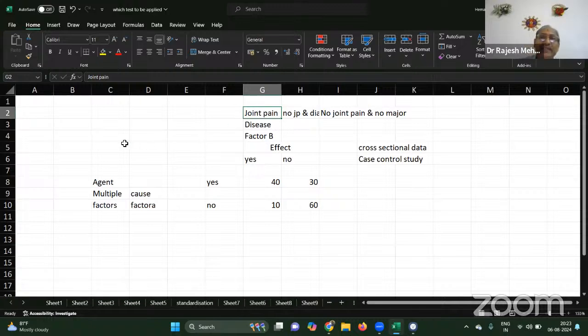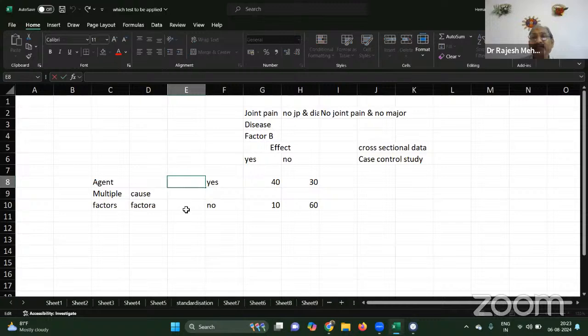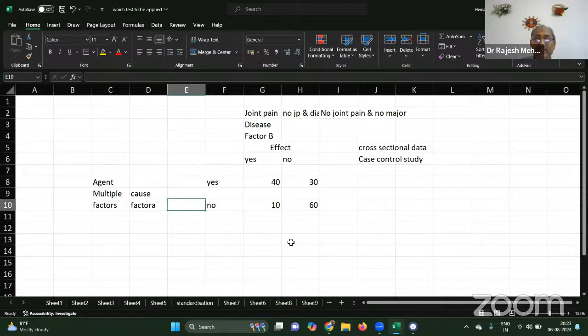So if sunlight is a protective factor, then you should write over here lack of sunlight and sunlight exposed. You should not take a literal meaning of the word exposed. It is basically exposed to the cause, not exposed to the cause. Then the framework will look okay.